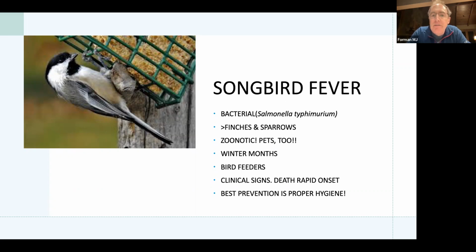You may just notice that they're not as reactive to stimuli. If a larger bird comes by that they would perceive as a predator, they may not respond as rapidly as you would hope. The problem with songbird fever is that death, unfortunately, can be rather rapid. So we may only notice a rise in deaths in our local songbird population.